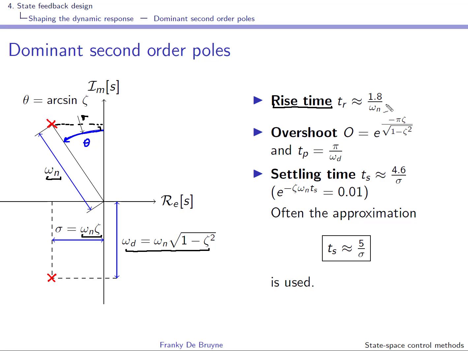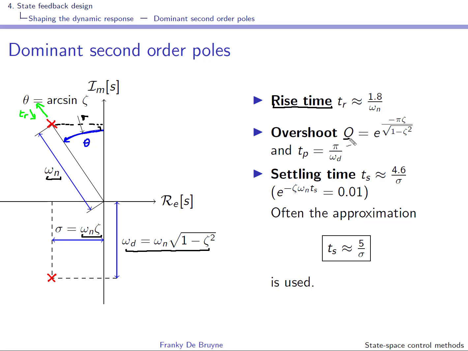So what is important here is that this rise time is in 1 over omega n. So if you want a rise time that is small, well, you should go in this direction over here, right? So this is TR that is becoming smaller.